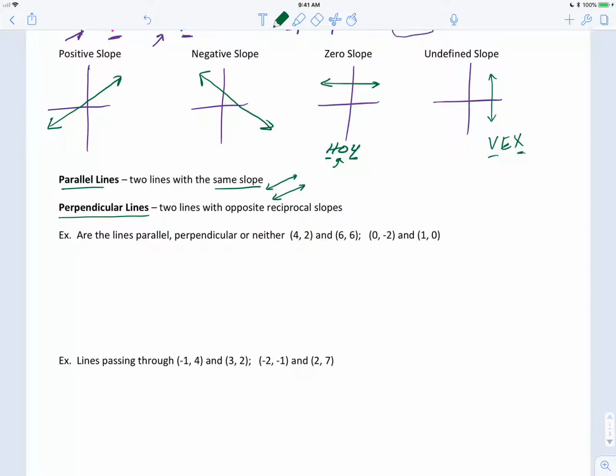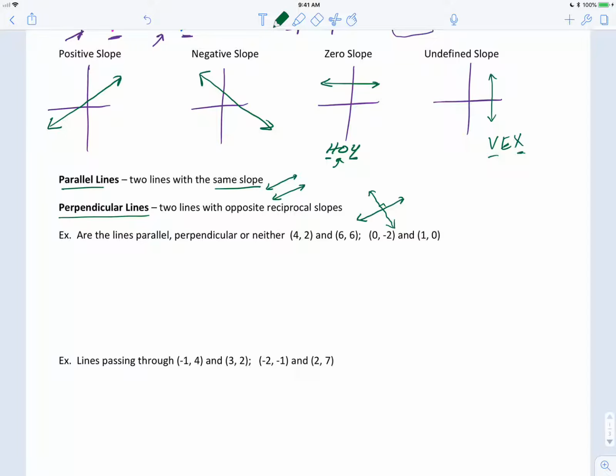Perpendicular lines now are two lines that have opposite reciprocal slopes. On a coordinate grid, if I have one line that maybe is going like this, then the other line is going to cross it just like that, but it has to create a 90-degree angle in order to be perpendicular.